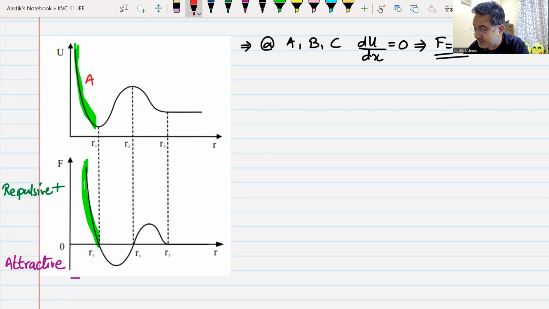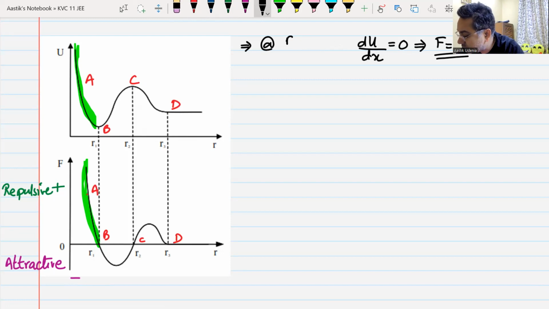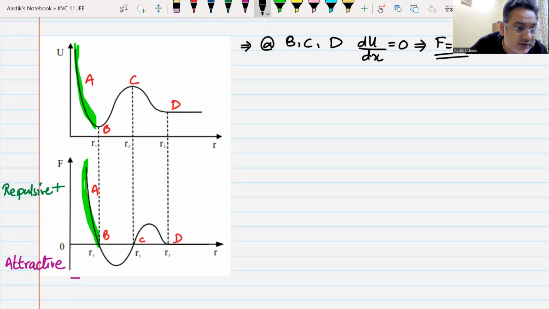Let me name this point as A, this point as B, this point as C, and this point as D. So in this, it will become at points B, C, and D. When is the force attractive or when is the force repulsive? As I can see, no one understands this, so there is no point of wasting any more time.